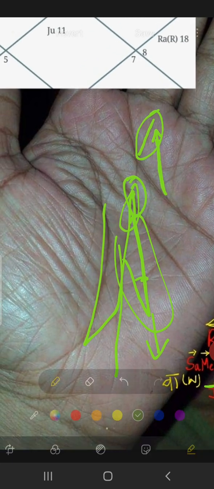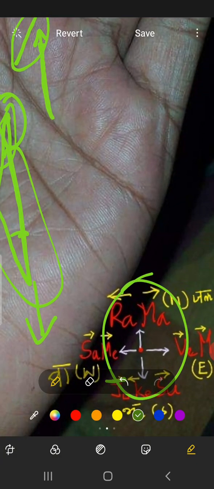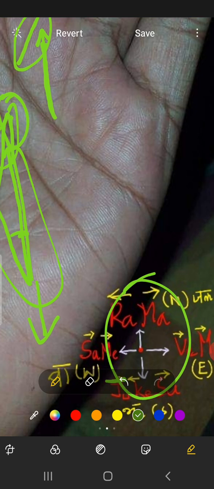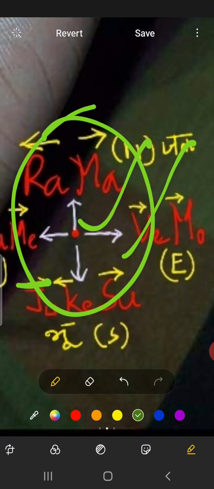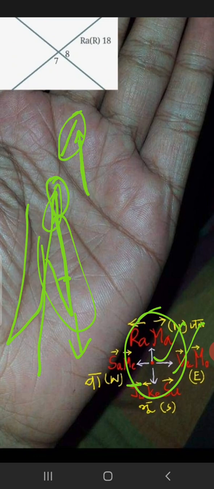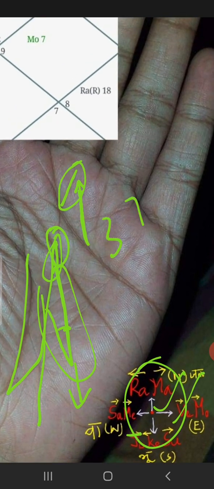And that is how we do use the Tattwa chart. If there is no apparent relationship between the graha as seen in the chart, but they are visible in the palm, then we have to use the Tattwa chart for sure, because this is the only way you can see how the graha are establishing the sambandh. So the sambandh in Nadi are 3, 7, 11 to 12, and then trinal.